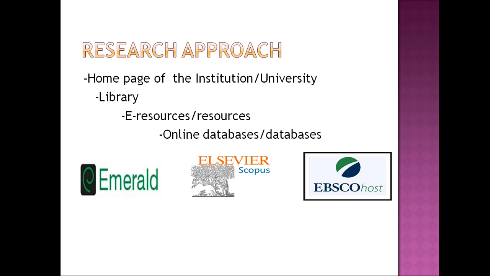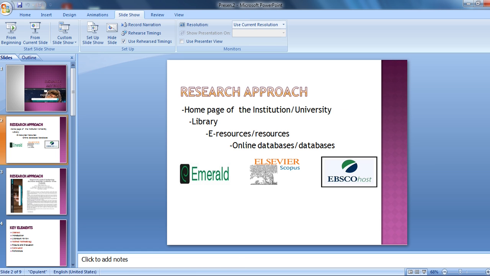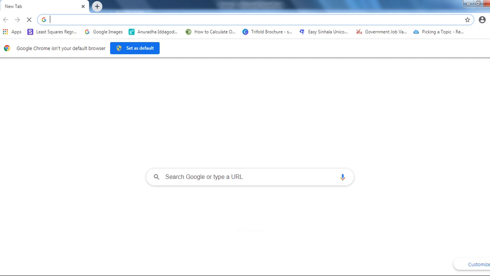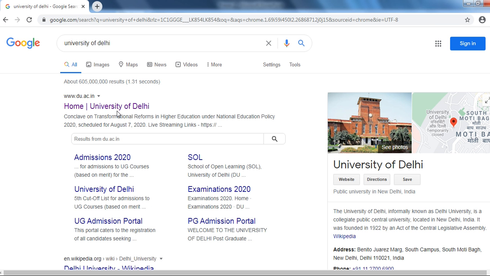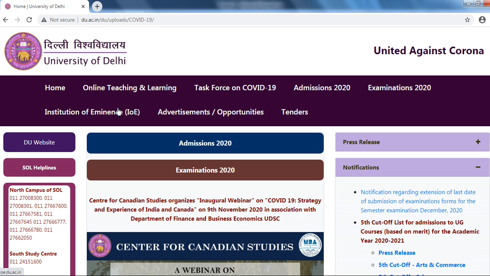Search the website of the university which you are in. For example, if you are at University of Delhi, one of the best universities in India, you should search the website of University of Delhi.